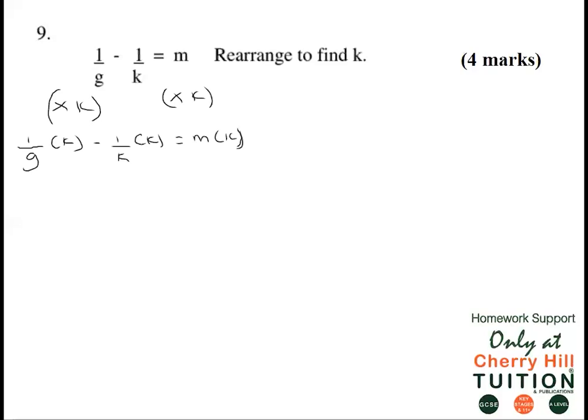Okay, so to simplify this, k multiplied by 1 is k over g, minus 1 multiplied by k over k, is equal to mk. Now the k over k simplifies into 1, because something divided by itself is just 1, leaving us with k over g minus 1 is equal to mk.